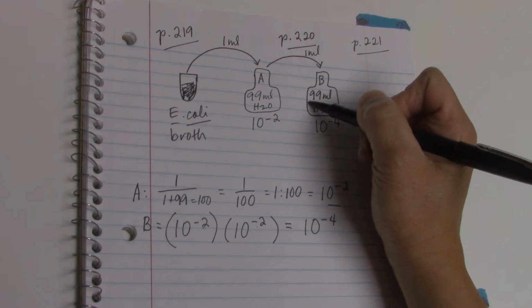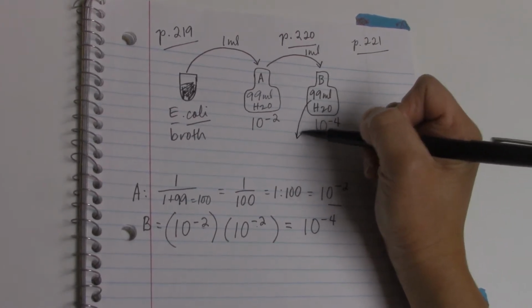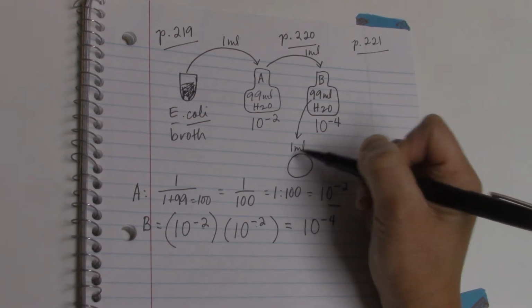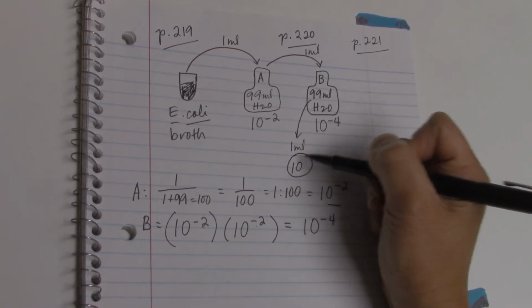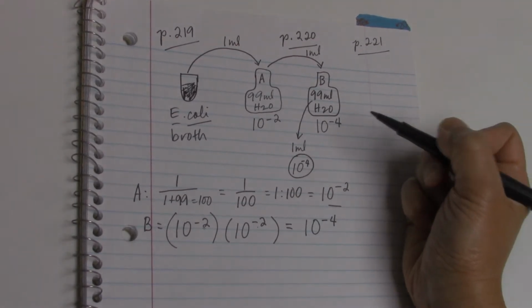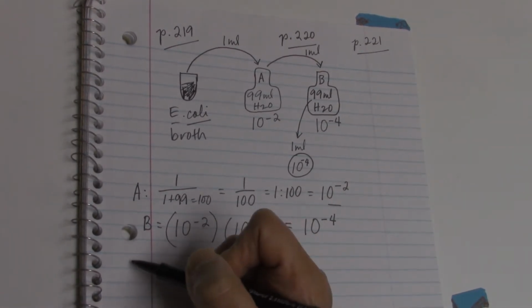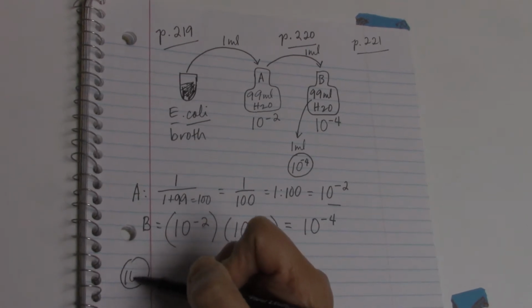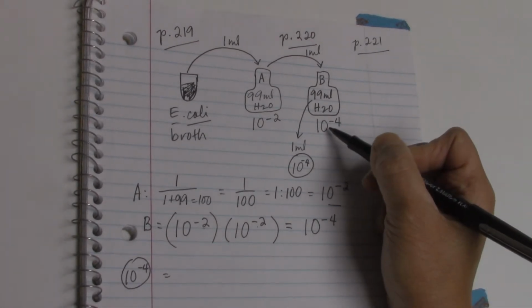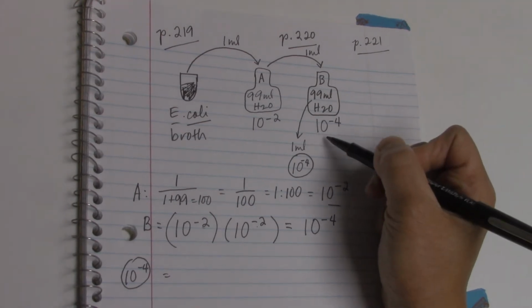If we take 1 milliliter from this bottle and put it on the plate, that plated dilution is 10 to the minus 4. How is that so? It is 10 to the minus 4 because it came from a 10 to the minus 4 bottle.